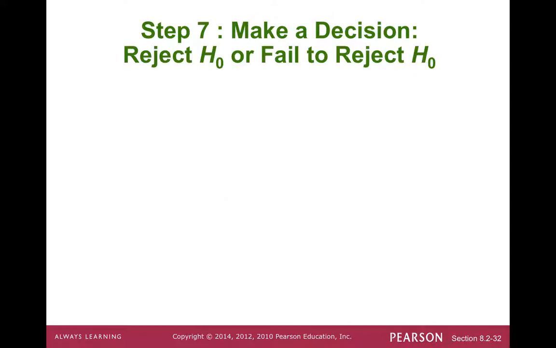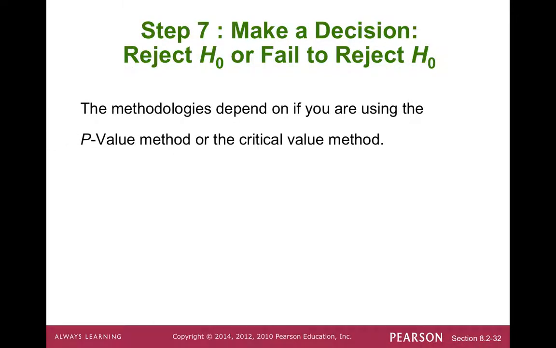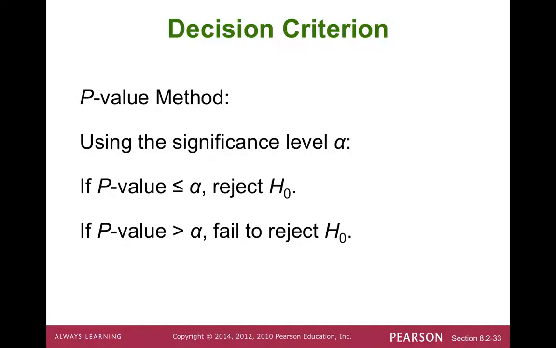Okay, so then based on this, we are going to make a decision about whether we're going to reject our null or fail to reject our null. And in this case, there are two different methods. We can either use a p-value method or we can use a critical value method. So let's take a look at those.